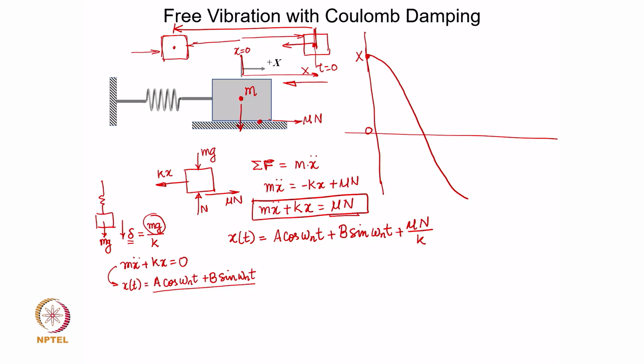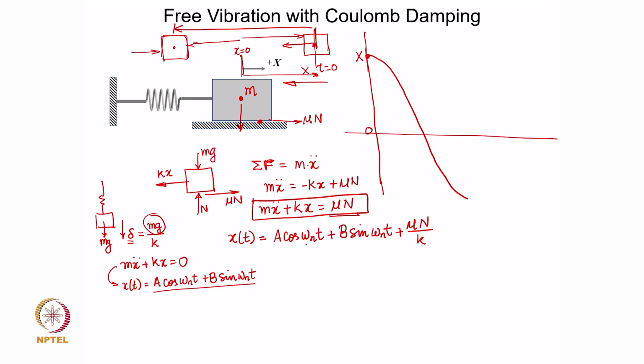Now, obviously, there is no damping as such involved, which is the viscous damping term C x dot here. So, in the kind of equation that we have here, the homogeneous part m x double dot plus k x equal to 0 will obviously generate the response which is harmonic with the undamped free vibration natural frequency. Okay.